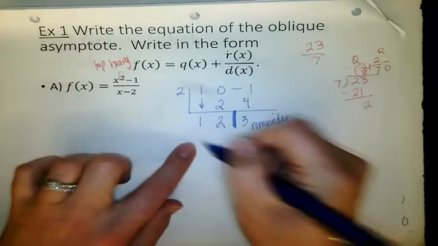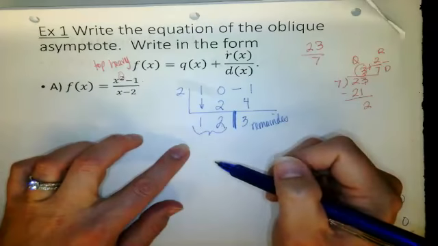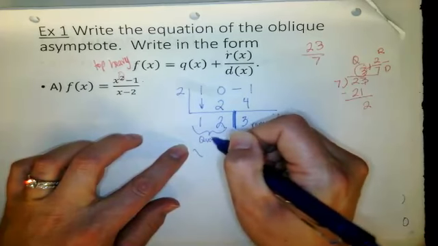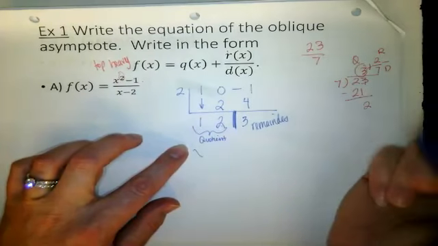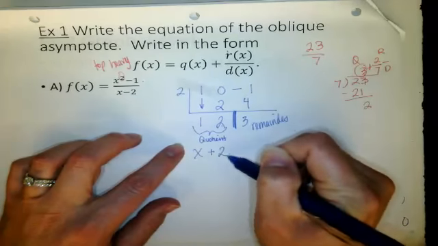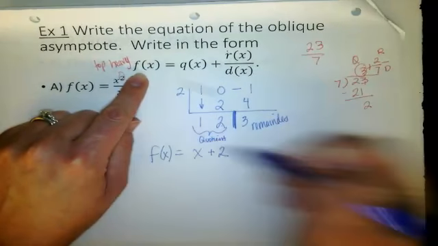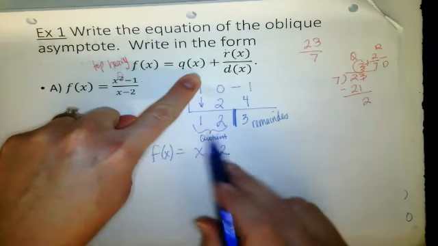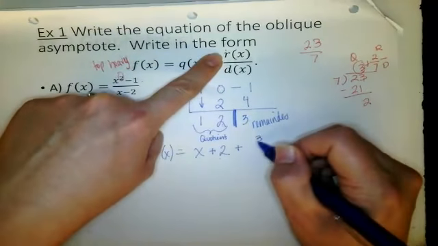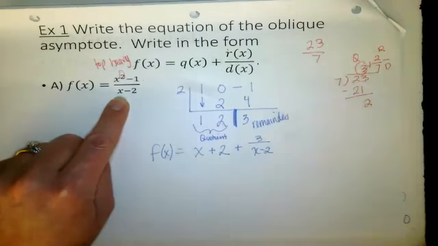So what's 1 and 2? It's the quotient. Very good. If you convert that back into a polynomial, it would represent 1x plus 2. And if I want to write this in this form, f of x equals quotient, q of x, plus remainder over divisor, the remainder was 3, and the divisor, the thing that we divided by, was x minus 2.